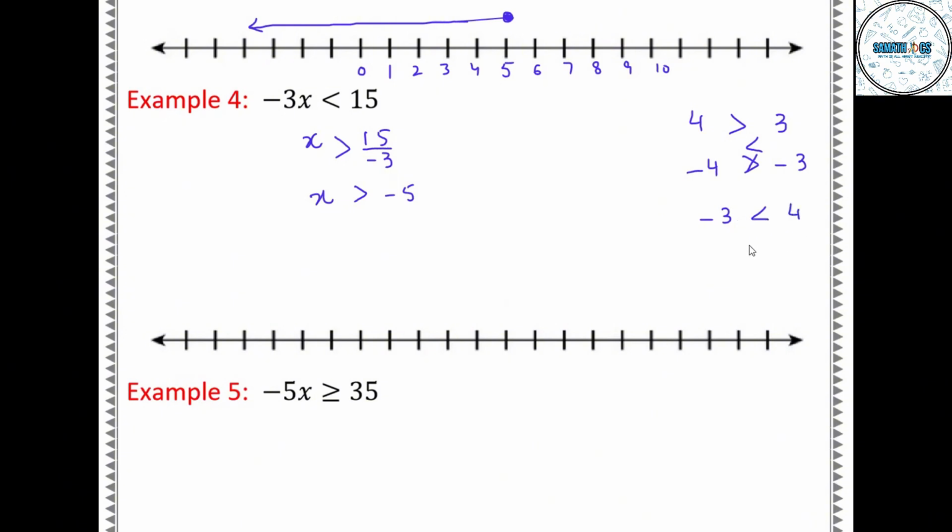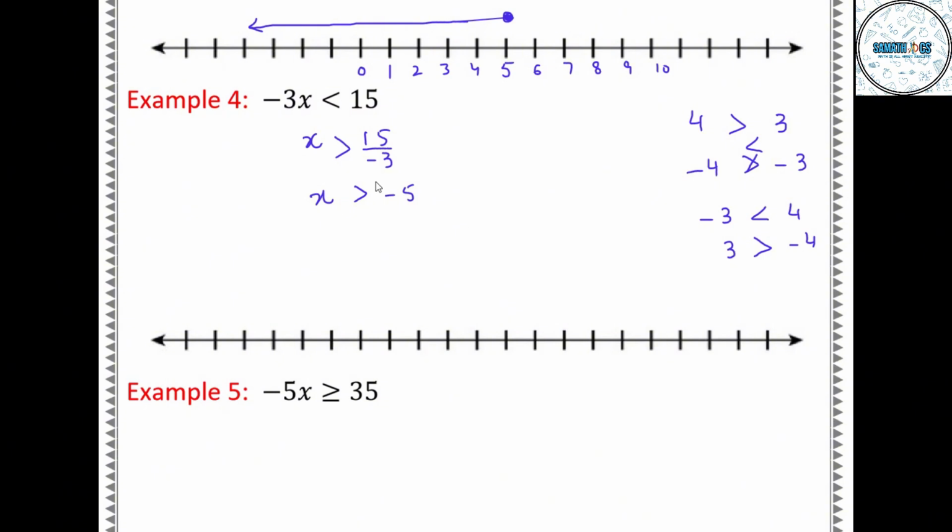Now, if we multiply both sides by a negative number, like if we multiply by minus, then this will become 3 and this will become minus 4. Now what happens? Minus 4 is less than 3, so the sign of inequality would be changed. Now 3 becomes greater and minus 4 becomes smaller.